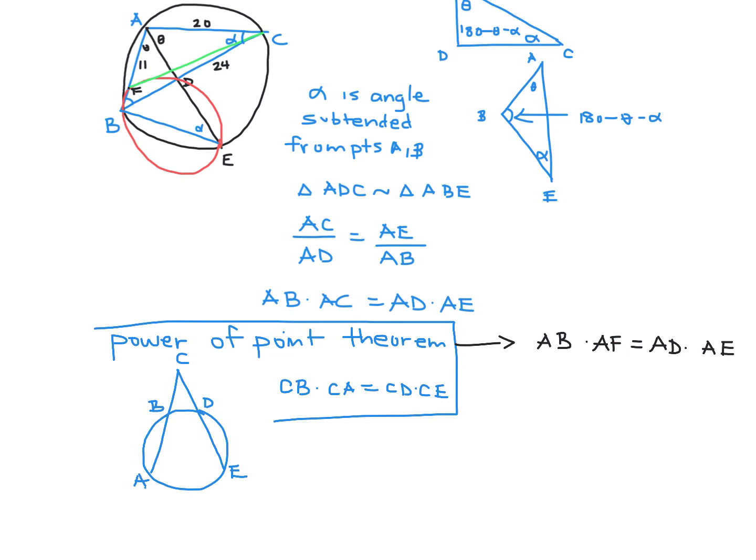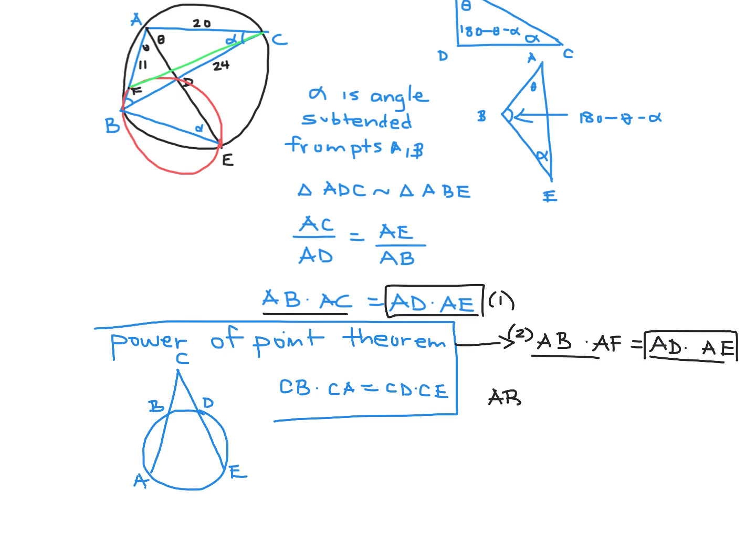Applied to the red circle, in case you're wondering which circle I applied it to. AB times AF is equivalent to AE times AD. So this is my equation 1, and this is my equation 2. When you combine them, since both equal AD times AE, the other two sides must be the same.